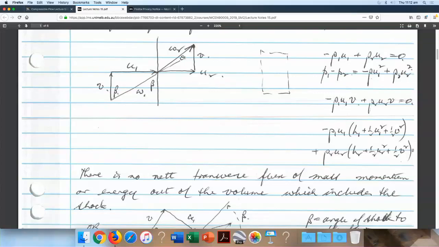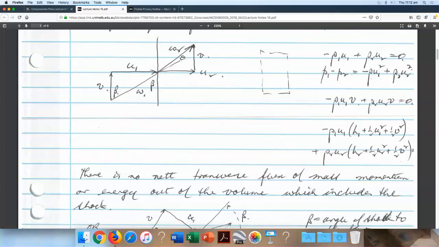It's only the normal velocity that's going to count. It's only the normal velocity that's going to be the Mach number, the normal Mach number coming into the shock wave. The transverse velocity doesn't have any effect at all. So I can always use the normal Mach number to work out what's going to happen across this shock. So that's a very important idea.